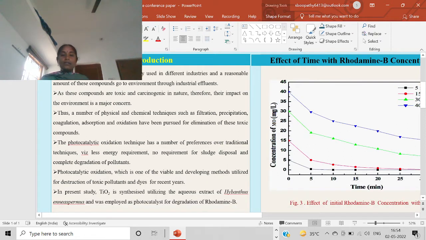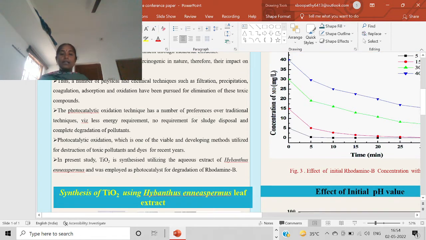Photocatalytic oxidation is one of the viable and developing methods utilized for destruction of toxic pollutants and dyes in recent years. A photocatalyst is a material that can accelerate a process without being exhausted after being triggered by absorbing a photon.